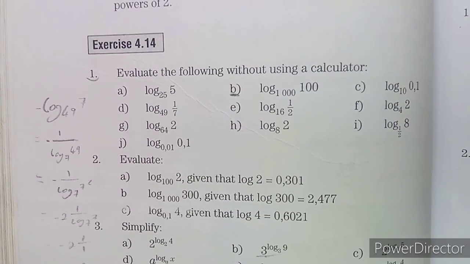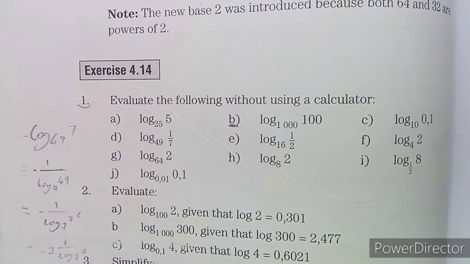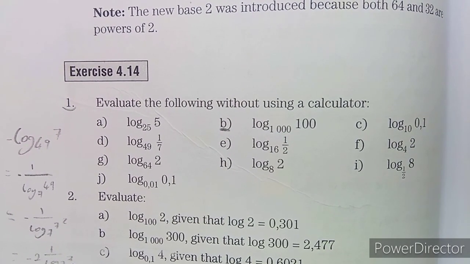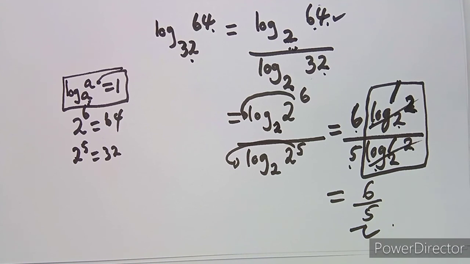Like I said, we shall meet again working with questions from this exercise so that at least we can understand from the basics that we had from this part. That's how we have these logarithms as the first part. So you try by all means to work with questions.